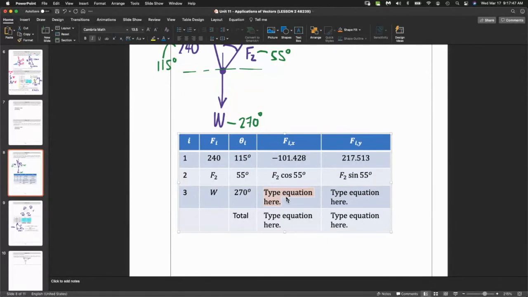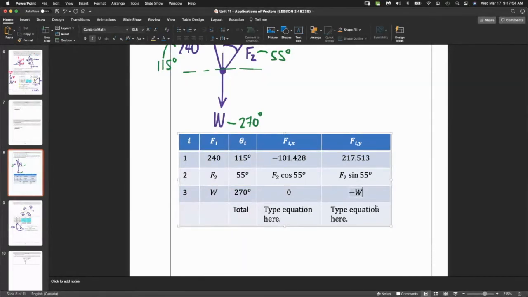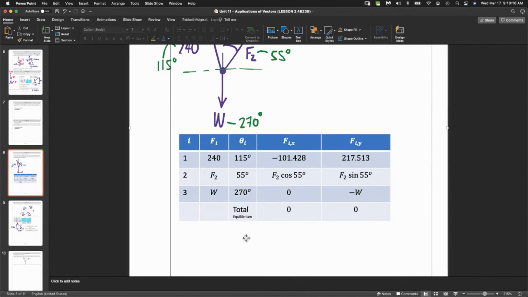Well, it's 0. And then this is W sine 270, which is negative W. One more thing. The total here is 0, and the total here is 0. The reason that it's 0 is we're in equilibrium. When you're in equilibrium, the total has to be 0. Whenever things are in equilibrium in a system, the components must add up to 0.